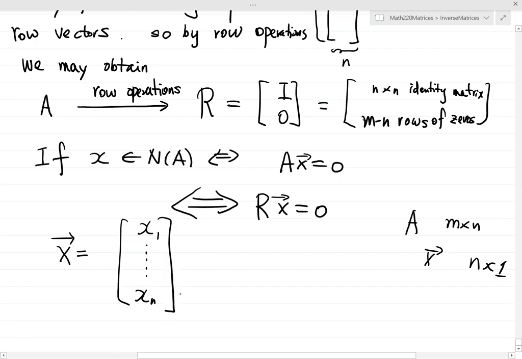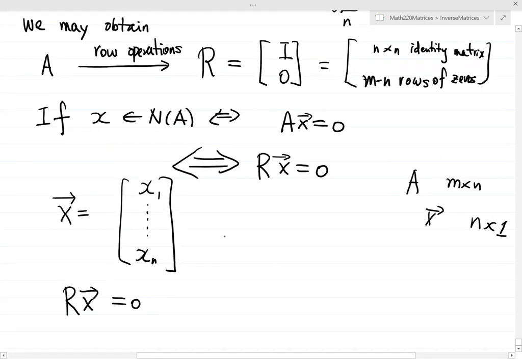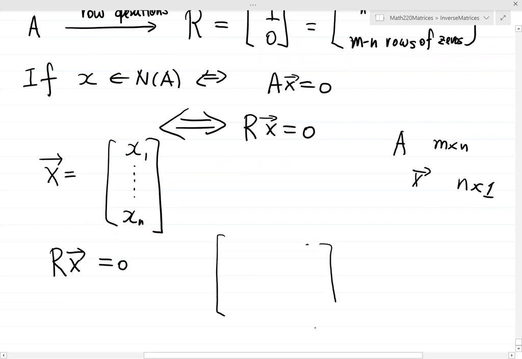Now Rx being 0, we have the n by n identity matrix here, and the remaining entries are all 0.